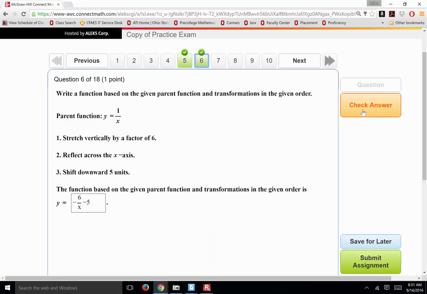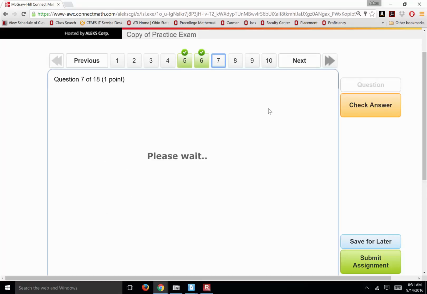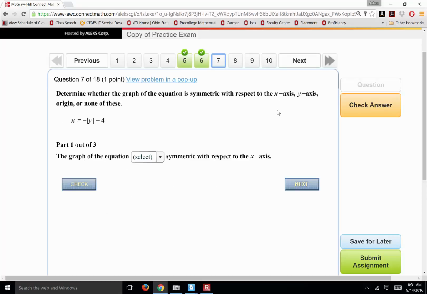Okay. Alright, let's continue. Take a look at the other questions. Stop me if you need a review on anything. You're going to determine whether this thing is symmetric with respect to x, y, or origin.